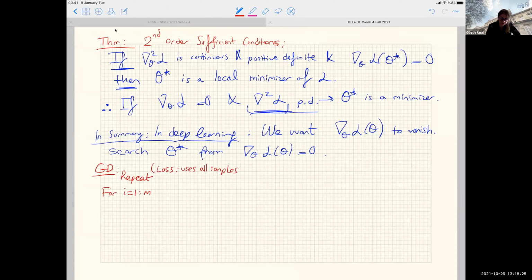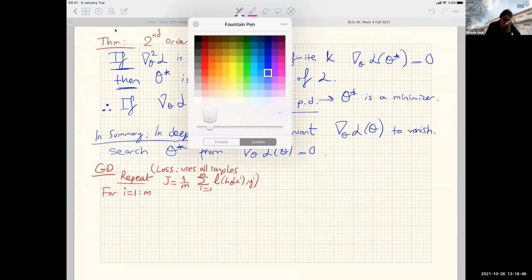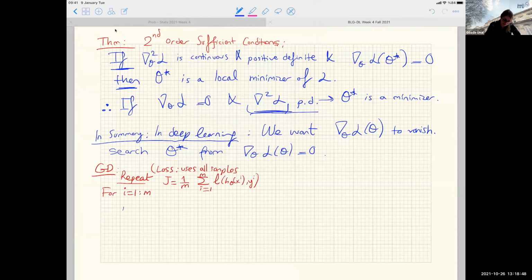So J, let's say I just named it J here, the full thing, 1 over M, sum over i from 1 to M, L, the little L is inside, for each sample h theta of Xi, Yi. Now we repeat the loop. We calculate the gradient for everybody, for i from 1 to M, grad i L, the loss for each instance Xi, Yi.